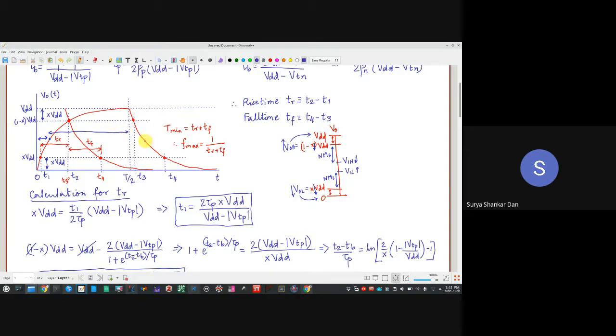Similarly, if it is in the middle here, so this much in saturation and this much in linear. If you are simply thinking about the probability, what probability that the transistor is in the linear or saturation in terms of the time, how much duration the transistor is in the saturation or linear, you will always find the transistors are mostly in the linear region during the transition. That is one very important observation.